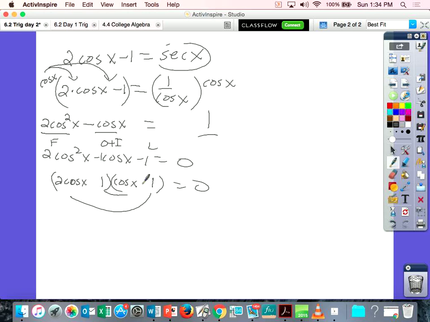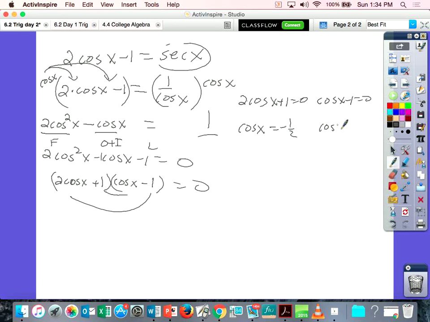So I'm going to make this a negative and this a positive. So I'd have 1 cosine minus 2 cosine is -1 cosine. So here are my two factors. I'm going to set each of those factors equal to 0 using the zero product property. And I'm going to solve first for the cosine of x, so -1 divided by 2.